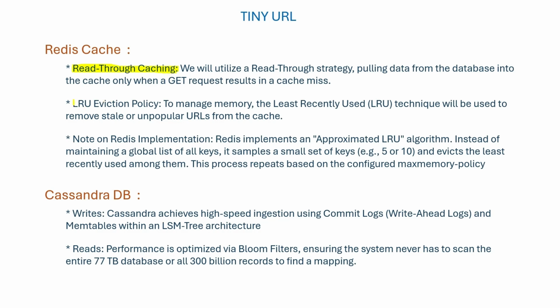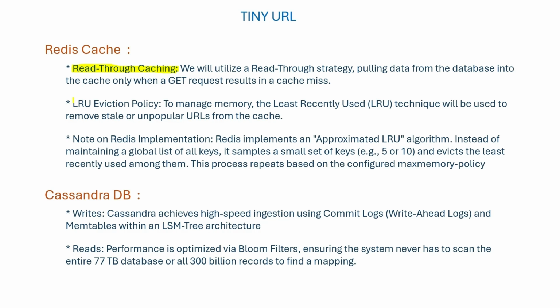The next one would be the eviction policy. Suppose the cache memory is full. Redis would basically evict some of the data from its memory, and the technique used here would be LRU, which is the least recently used eviction policy.